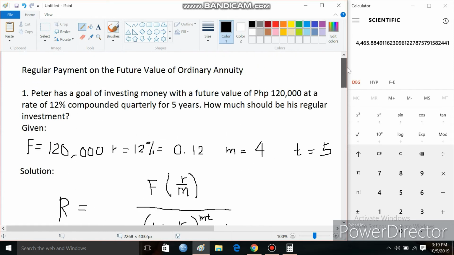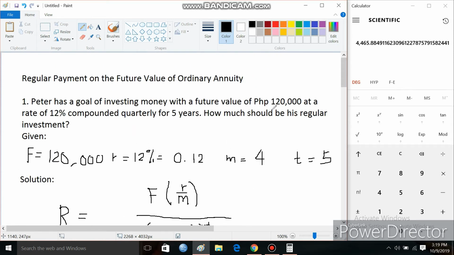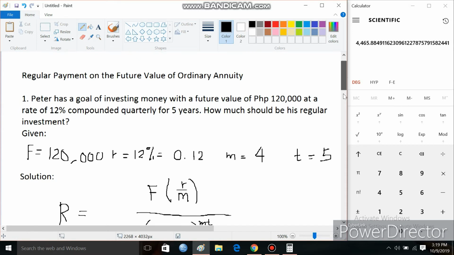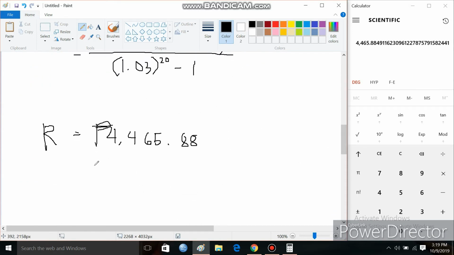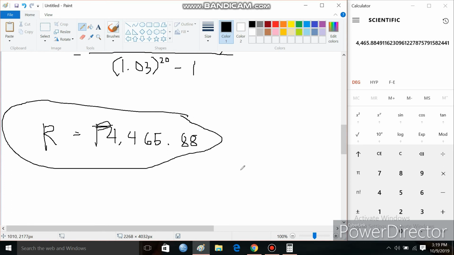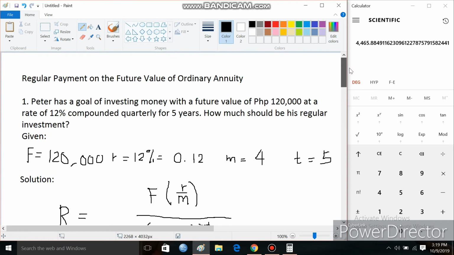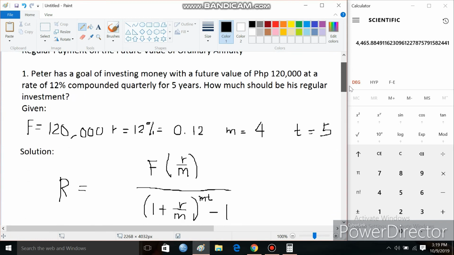So meaning to say, if Peter wants to have a future value of 120,000 pesos at a rate of 12% compounded quarterly for 5 years, he needs to save or invest 4,465.88 to achieve the future value. So that's how you're going to solve for the regular payment on the future value of ordinary annuity.